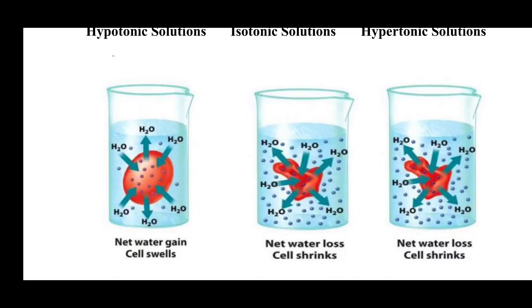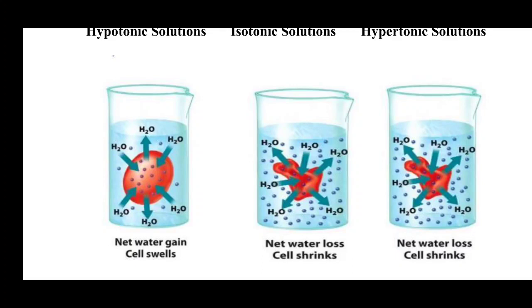Now when the water molecules move inside the cell, what happens? The size of the cell will increase, meaning the cell will swell. So there is net water gain, which causes the cell to swell. At one moment the cell will gain more water and it will burst.